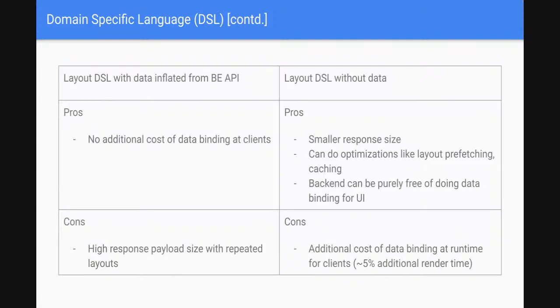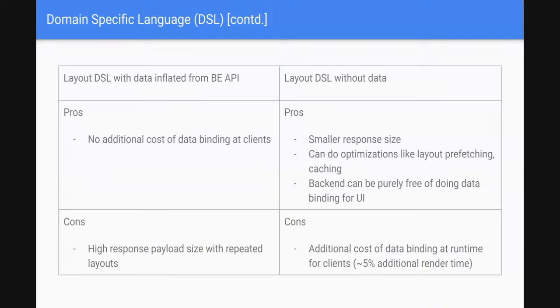But the disadvantage would have been that for a page with a lot of repeated layouts, let's say, for example, a page which has 20 components which are the same, like say our search results page, which has the same search card shown 20 times on the page, right? You would essentially be sending the same payload 20 times. So it would have bloated our response a lot for a lot of repeated layouts, versus the approach that we have taken, wherein we have kept the layout separate and data separate.